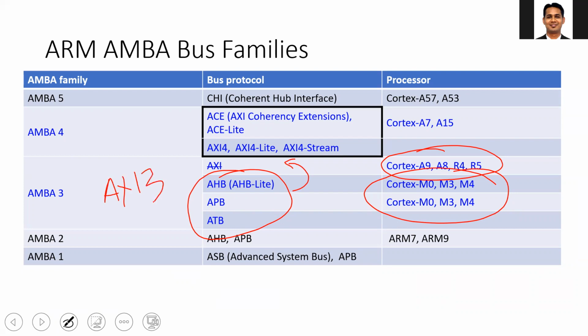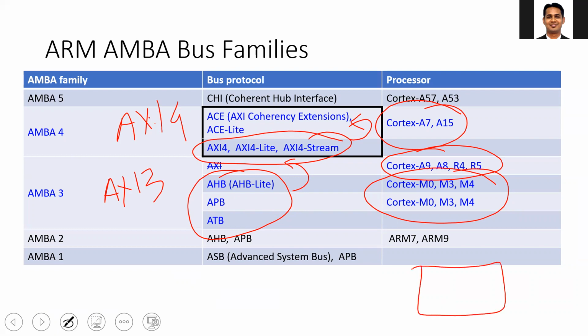While in the case of the FPGA or the advanced ARM processor, they use AXI 4, and these are the extensions for the coherency part. In our case, we have the FPGA as well as the ARM processor, the Cortex-A9. So we are going to study AXI 4 because AXI 4 is a better version of AXI 3.